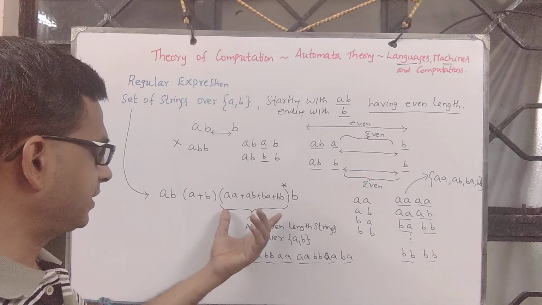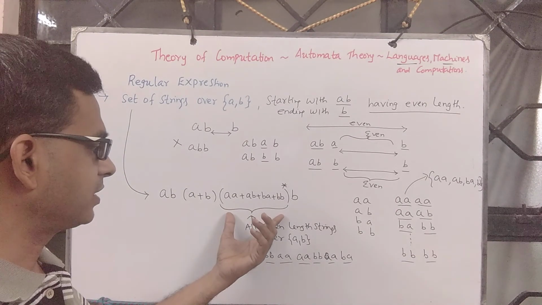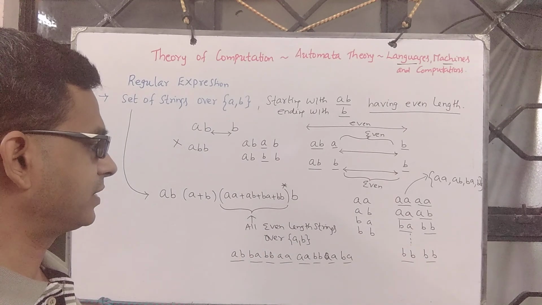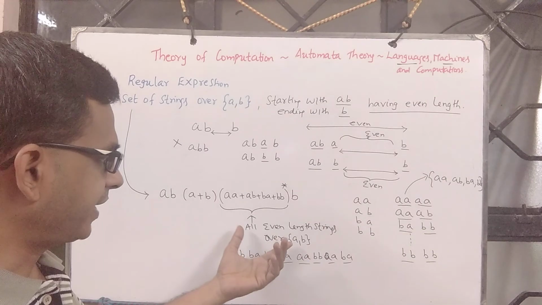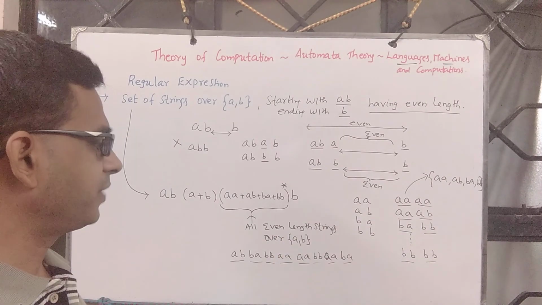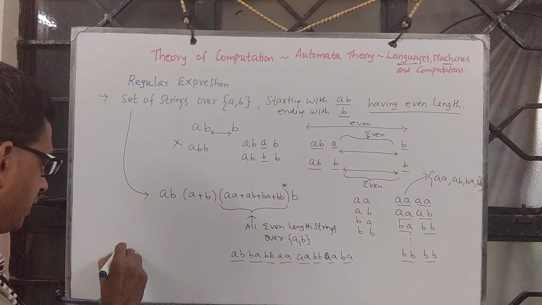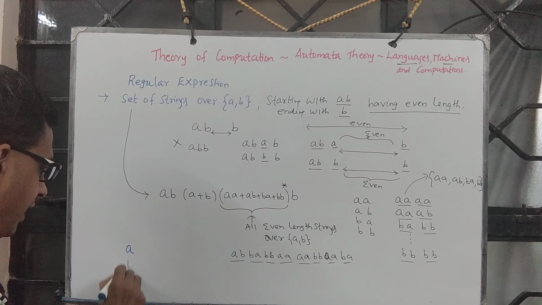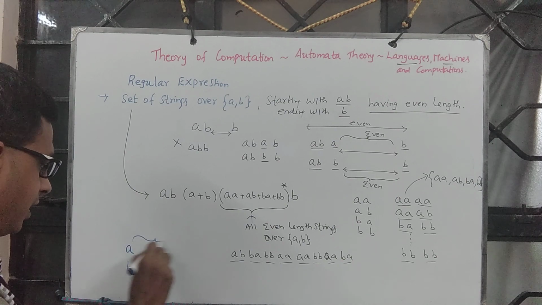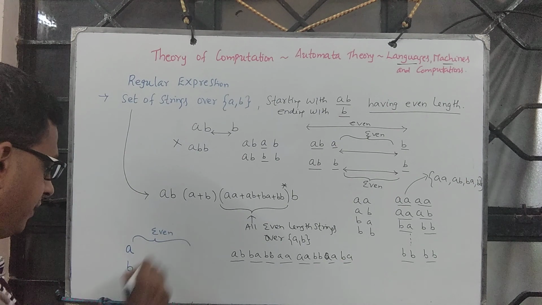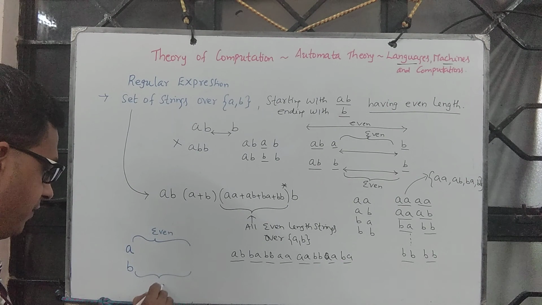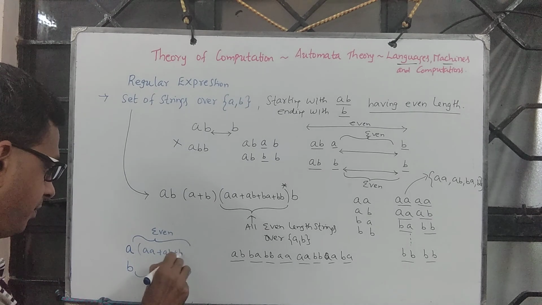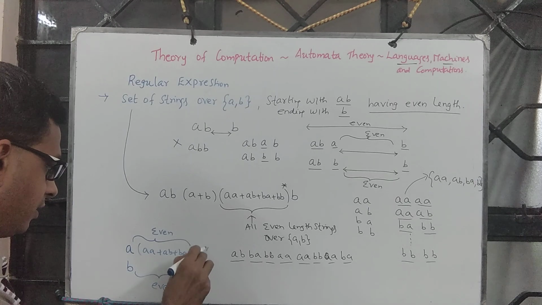You may get some questions as well. For example, how do we generate all even length strings over A comma B? This precisely gives you this. Now one can also generate all odd length strings over A comma B. If you want to generate an odd length string, it will either begin with A or B, followed by an even length string, which means it is A or B followed by AA, AB, BA, BB whole star.